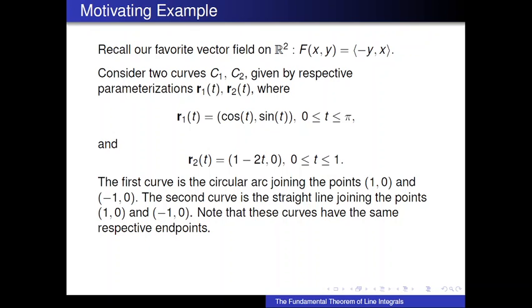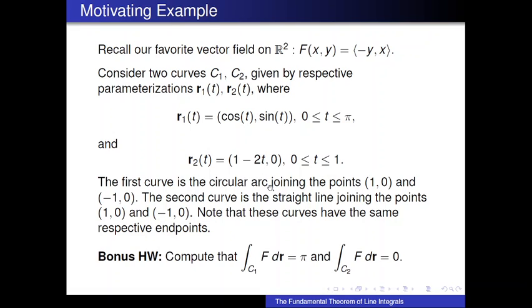And the second curve is just the straight line segment joining those same 2 points. Notice if you start here at t equals 0, you'll have the point (1, 0), and at t equals 1, you'll have the point (negative 1, 0). So we have 2 different curves between the same endpoints, okay?